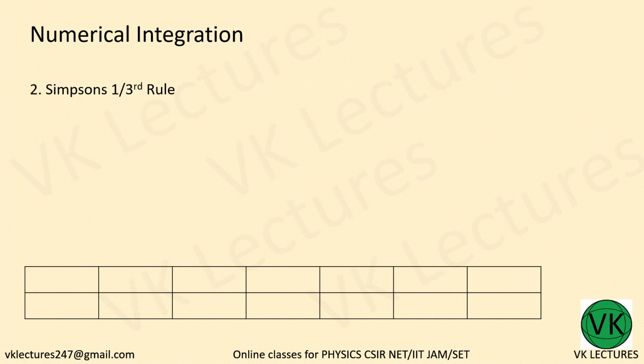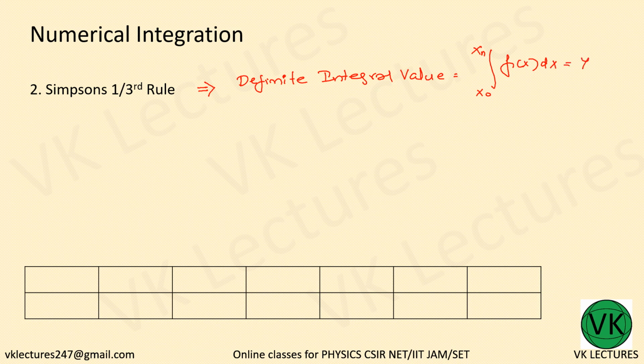Here we have the second rule, that is Simpson's 1/3 rule. This is also used to find the definite integral value. Let's take for example the integral x0 to xn f of x dx, and let it be equal to y.